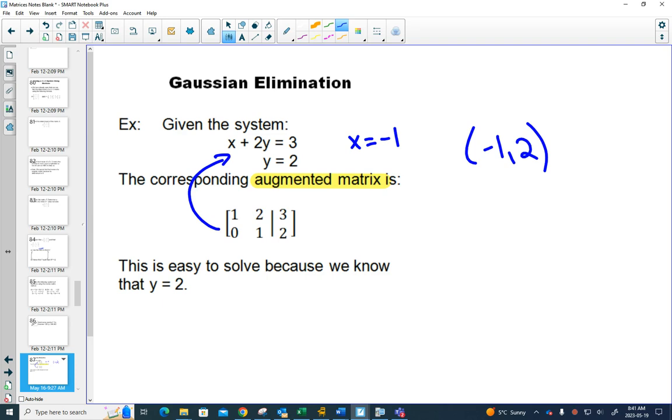And life is super nice if there's a 0 in the bottom corner, because then you would know what y is, or you would at least have an equation that would be really easy to solve for y, and then you could work backwards and solve for x.